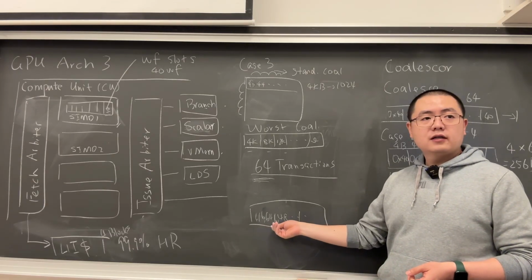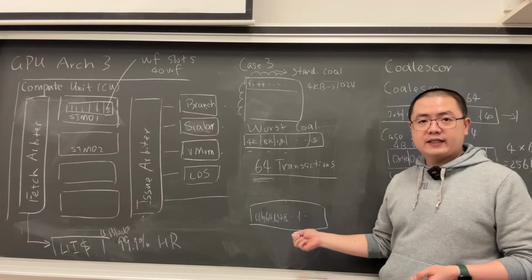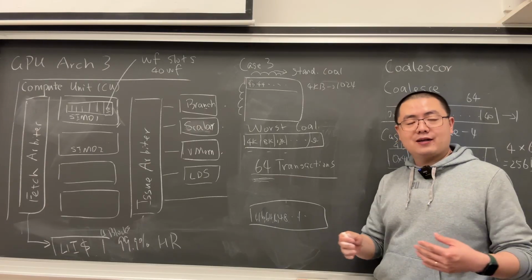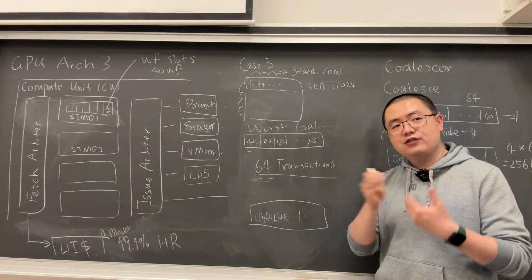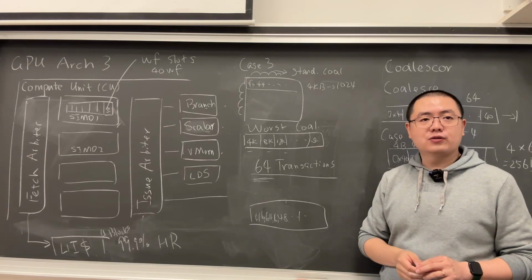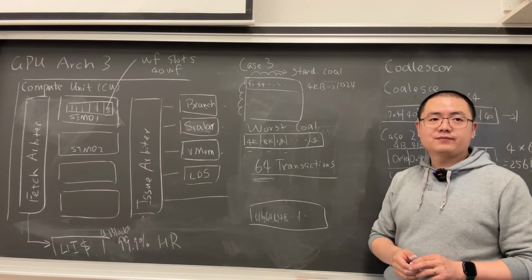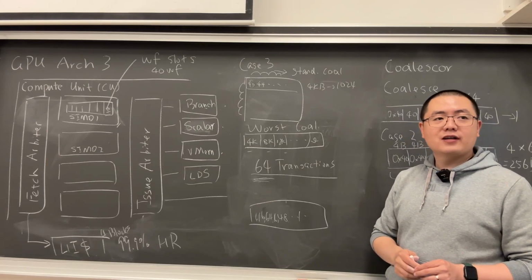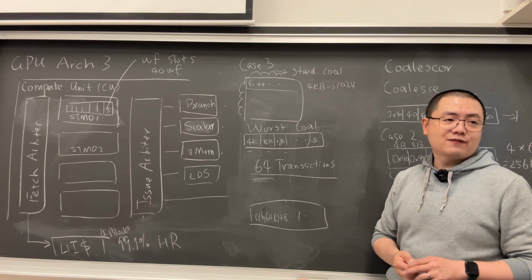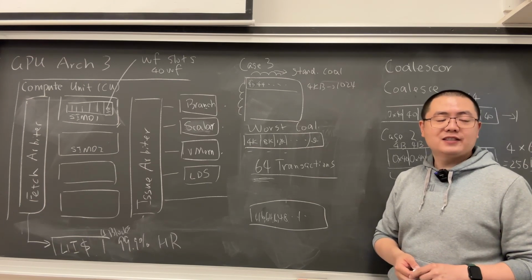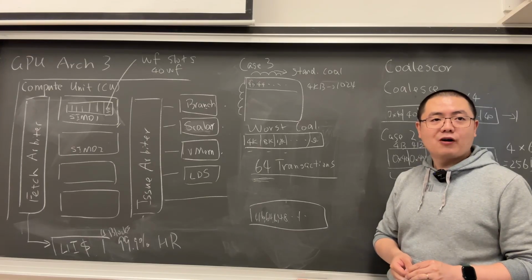So the coalescer has to be able to reorganize, actually sort everything, then try to find opportunities to coalesce. Sorting sounds very easy in high-level programming, but imagine if I ask you to write combinational logic to sort something. It can be really hard.